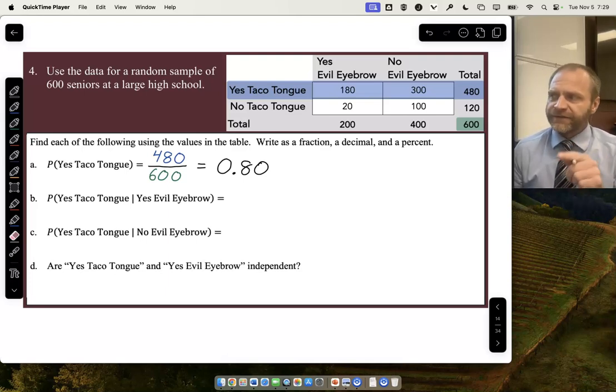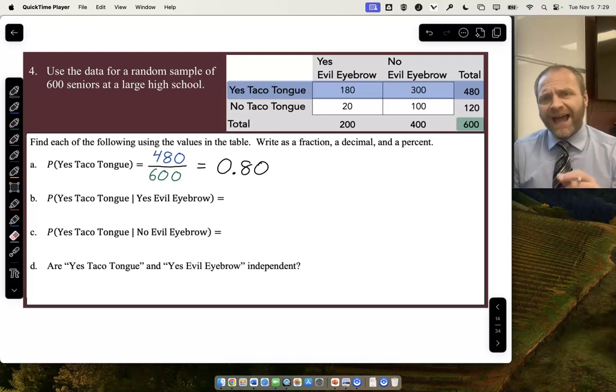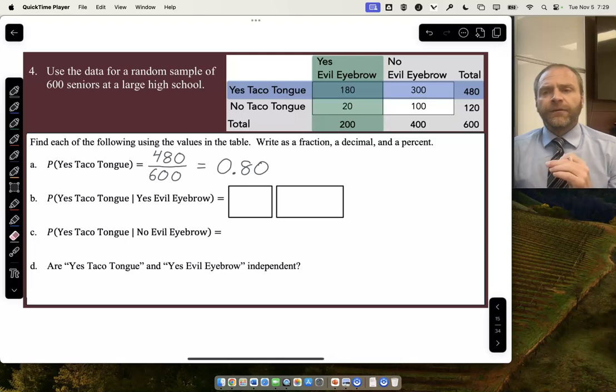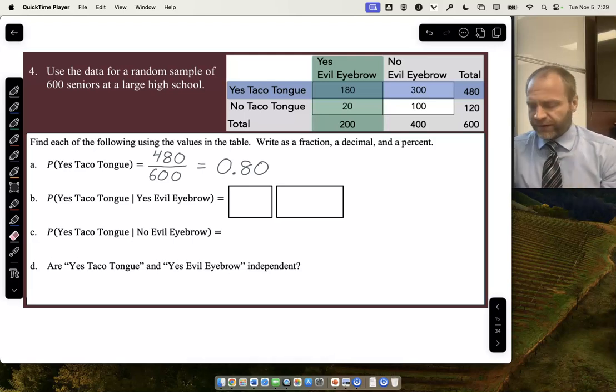However, the difference is if you look at it, it says given that yes, evil eyebrow, given that no evil eyebrow. So is the ability, part A, for someone to taco tongue, is it impacted by their ability to either be able to evil eyebrow or not evil eyebrow as it says there? So let's find out. If we're looking at probability of yes, taco tongue, given that yes, evil eyebrow, so really I'm going to focus starting right here.